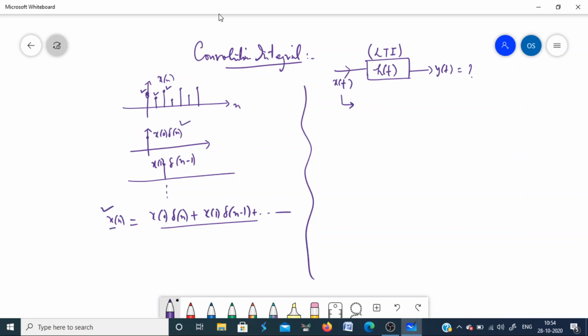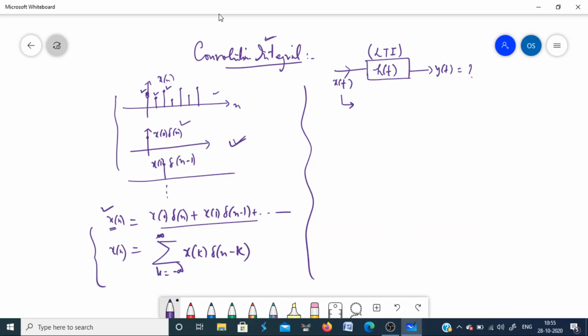Any discrete signal can be decomposed like this, which was then expressed in the form of a series, that is, x[k] delta[n minus k] summed over k. Now we use the same approach for continuous time signals. In fact, for continuous time signals, the convolution integral is a bit difficult to understand. That is why we started with the discrete case first. It is easy to understand in the discrete case.